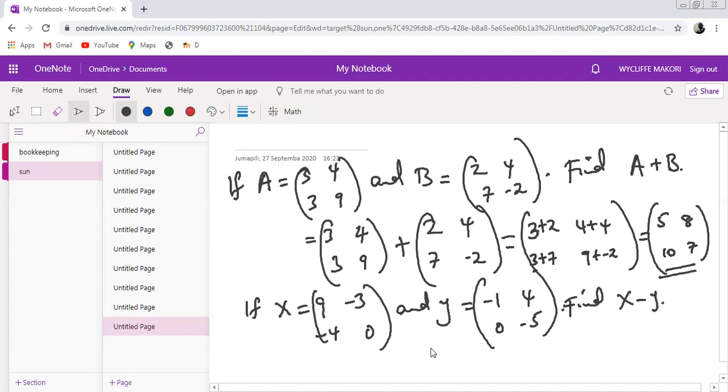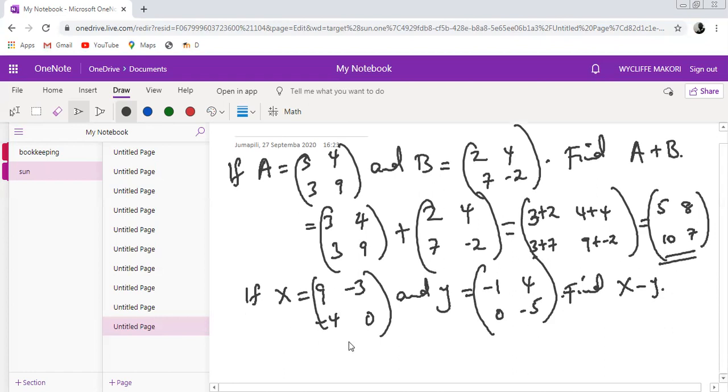What you need to do is this. You just rearrange them again as we did. Come here and say x is 9, negative 3, negative 4, 0. Then we minus y, which is negative 1, 4, 0, negative 5.